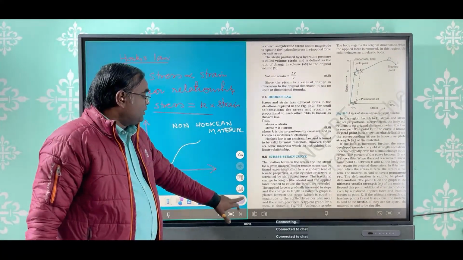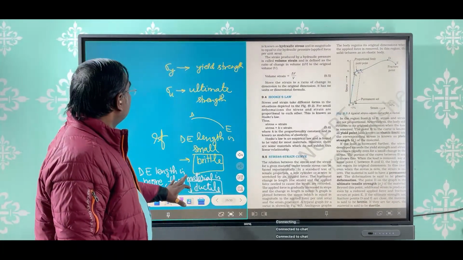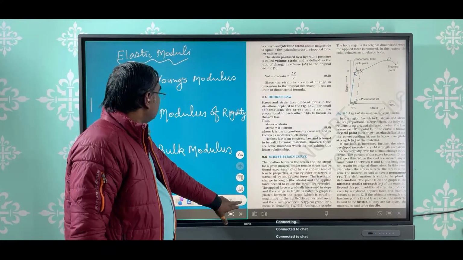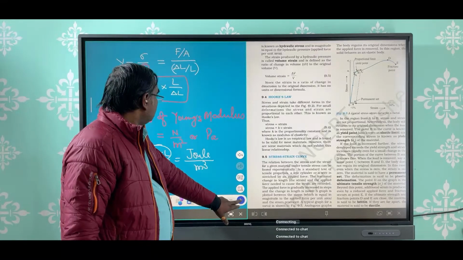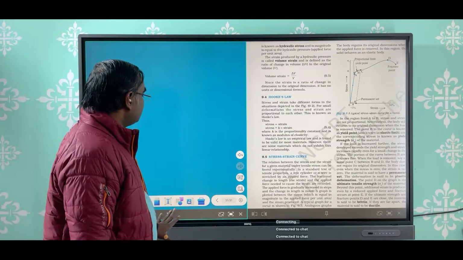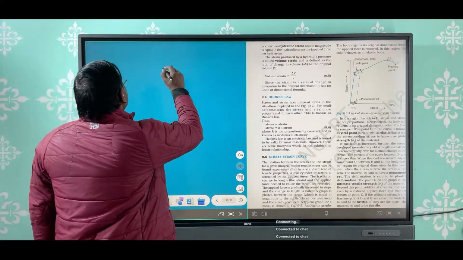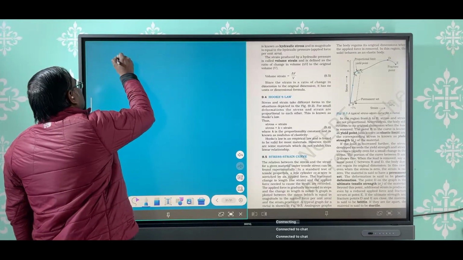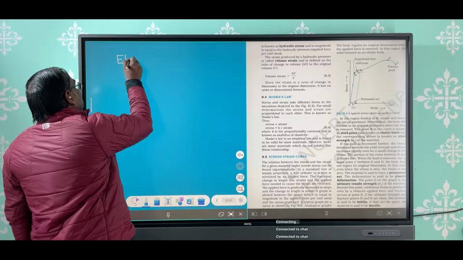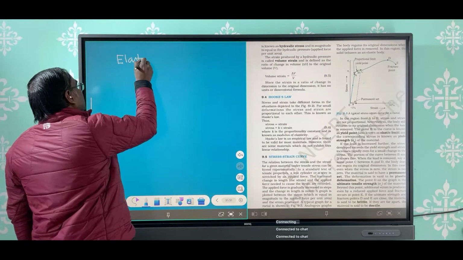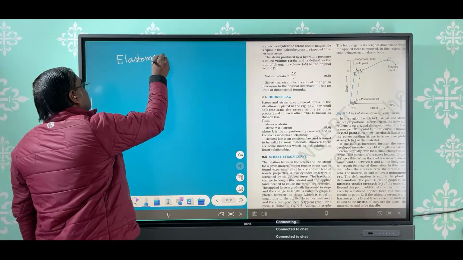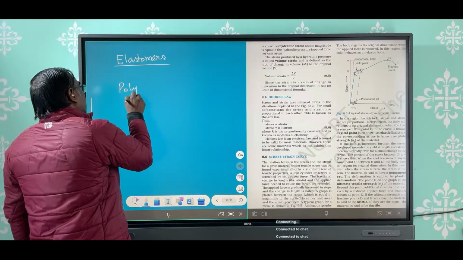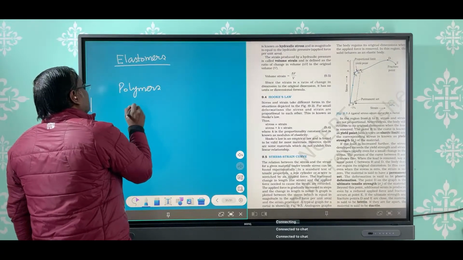So what are those materials? We'll discuss. So this is yesterday's class. Now fresh slide is here. The material is known as elastomer. Elastomers. First one, polymers.